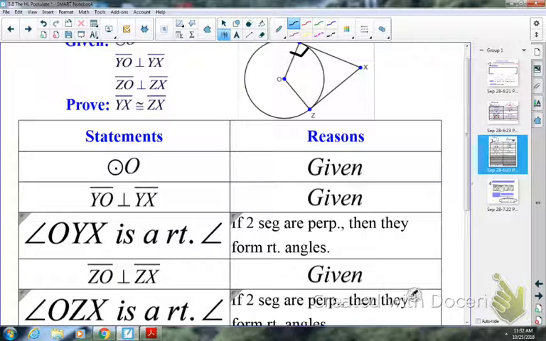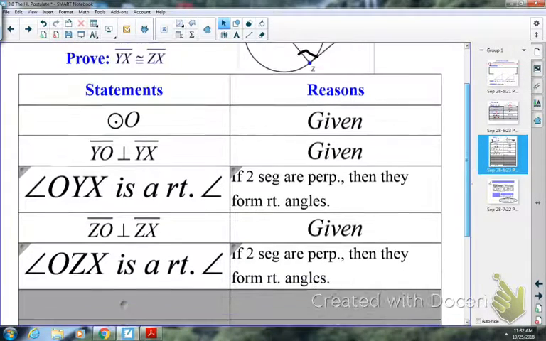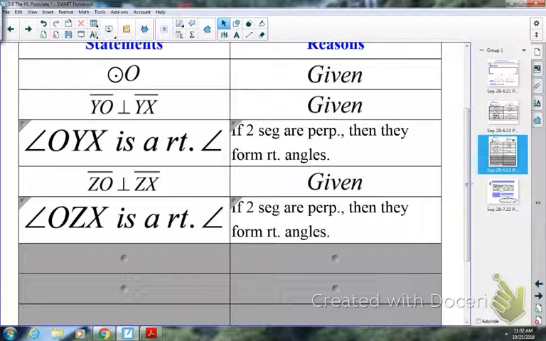If two segments are perpendicular, then they form right angles. So I can scroll down a little bit here for the people in the back. Okay, everybody good so far?